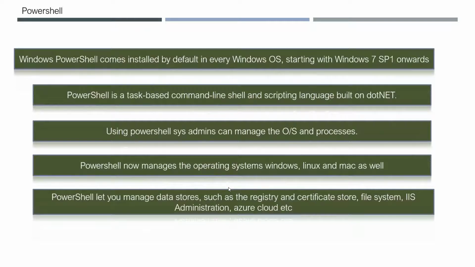So earlier it was on .NET, now it is on .NET Core. .NET Core works on all the operating systems, right? Linux and Mac as well. Okay, that's the reason PowerShell can now be executed on all the different operating systems, and that's why it is getting traction from the development community as well.